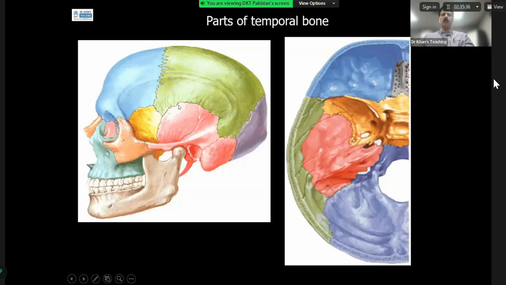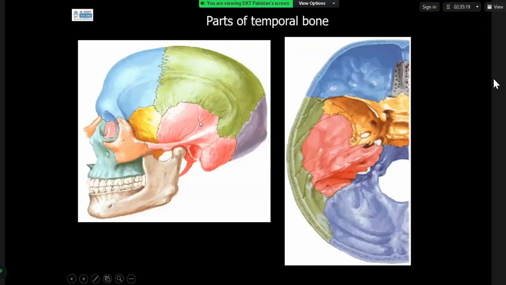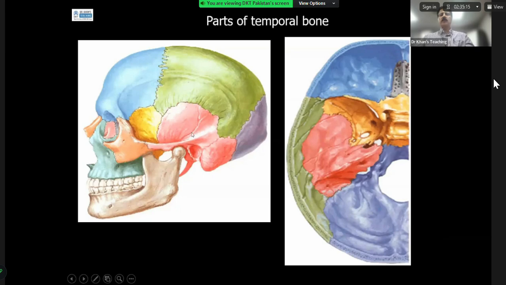This part is the squamous part of the temporal bone. It forms part of the floor of the middle cranial fossa. What is this groove? The groove for the vessel, the middle meningeal artery. Excellent.